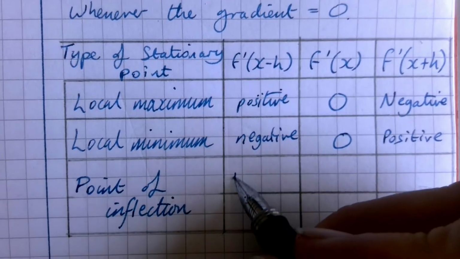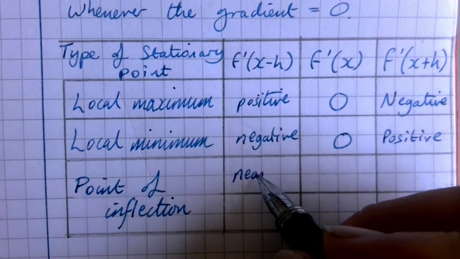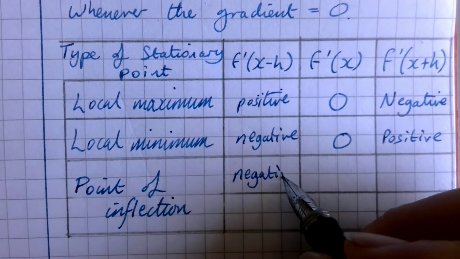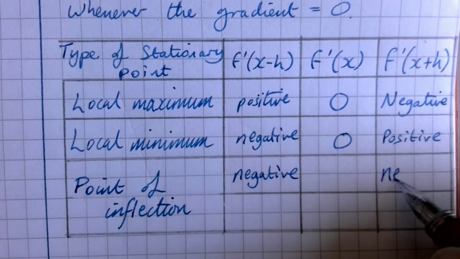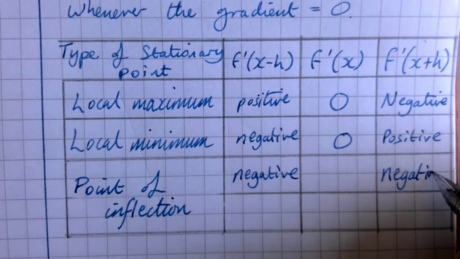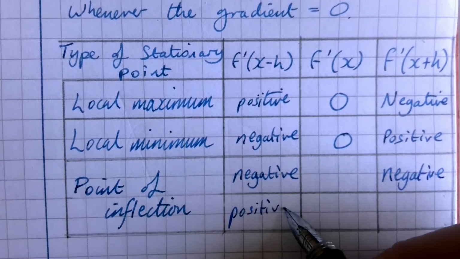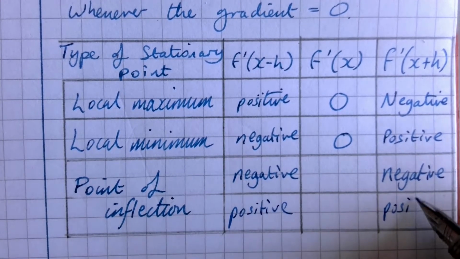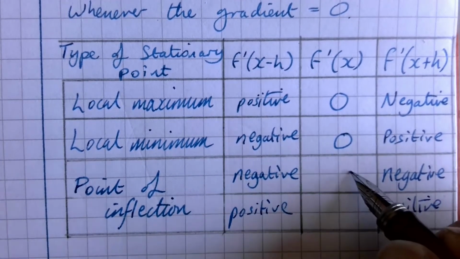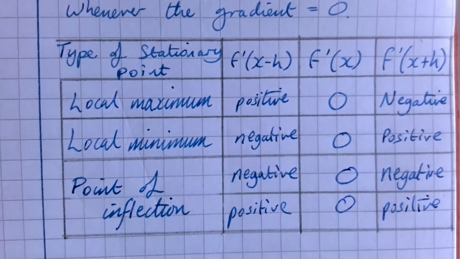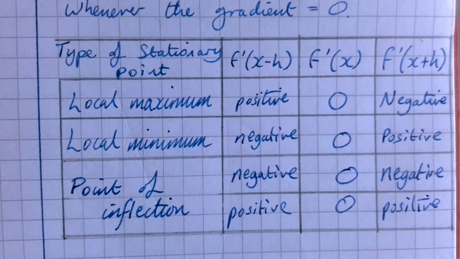So the point is that it doesn't change and go the other way, it stays with whatever it was. So it's either negative and negative or positive and positive. And that's always a 0 there either way.